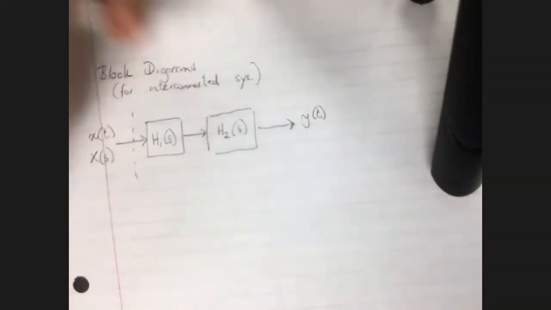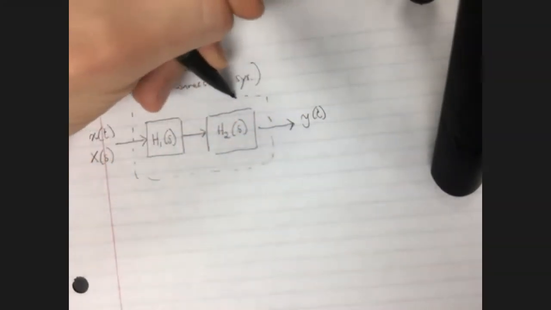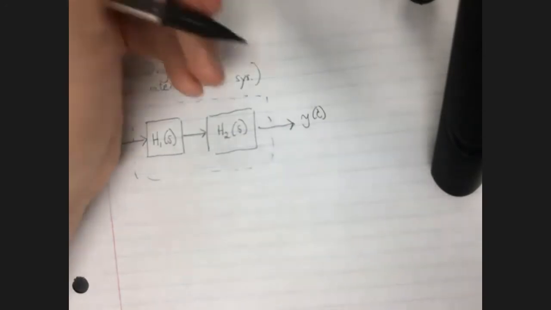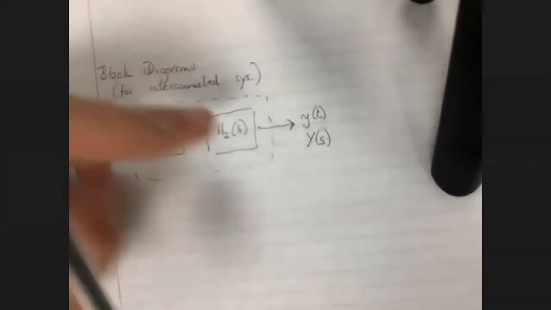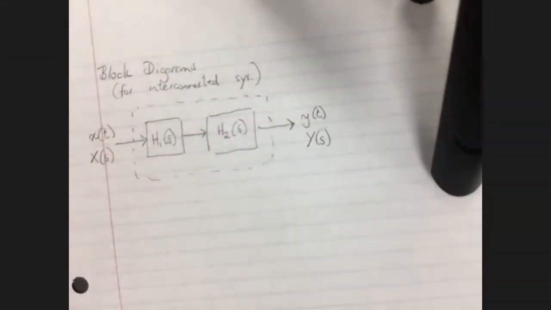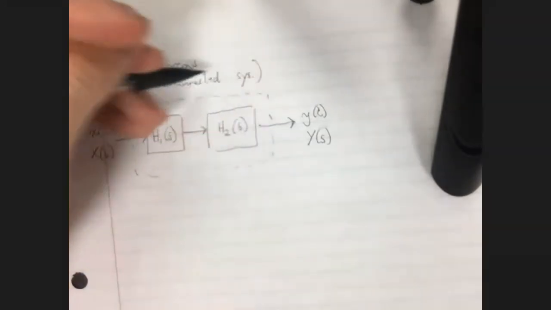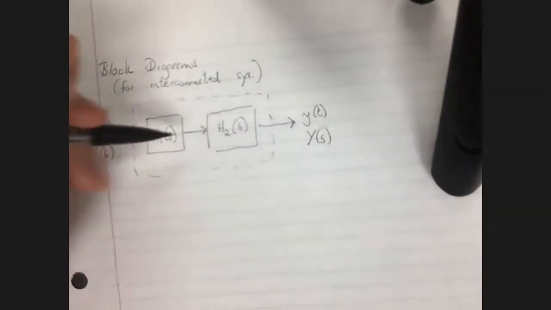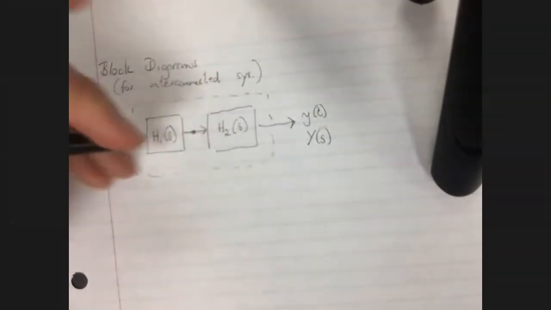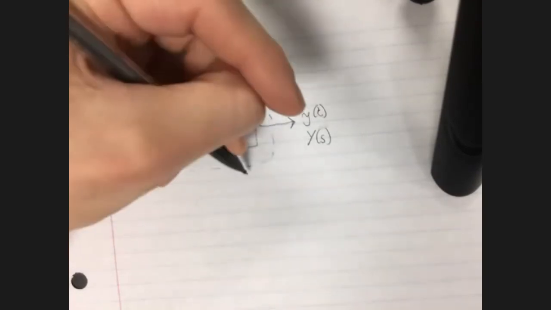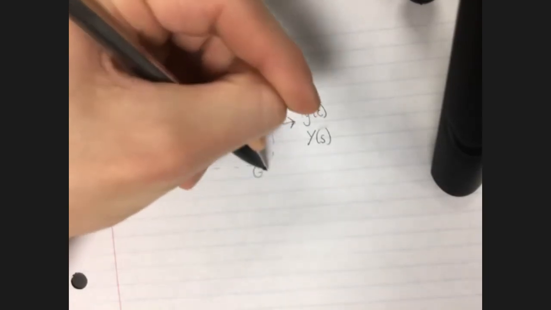And then we get y of t as our output of that, and that corresponds to a certain Y of s. So I drew a big dashed line around my system consisting of two different ones. Notice it goes through this one, then it goes through this one. Let's call this overall system big G of s.